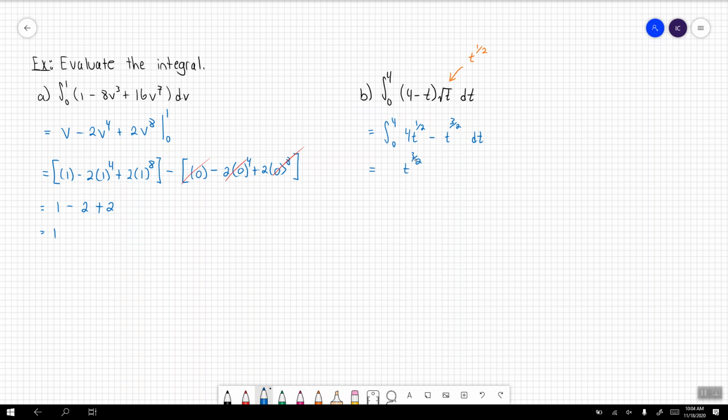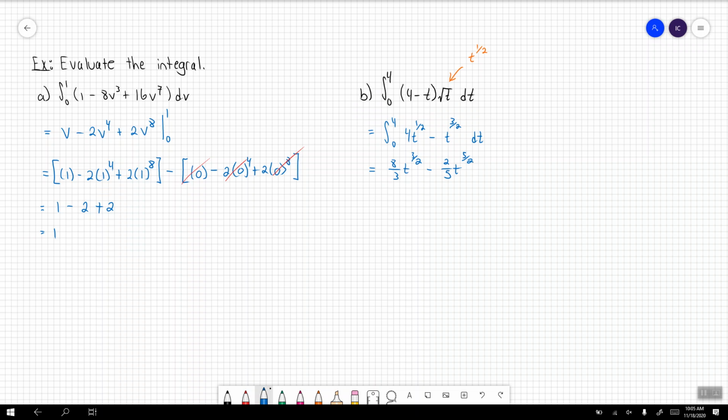And then we multiply by the reciprocal, which is 2/3, and we multiply 4 by that 2/3, which should get us 8/3, because again, we have that constant of 4. Minus t to the 3/2, again we add 1 to that exponent. Adding 1 to the exponent should get us 5/2. And then we multiply by that reciprocal, which is 2/5.